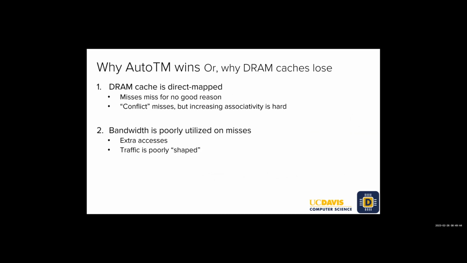In the DRAM cache, bandwidth is really poorly utilized on misses, as I was talking about before. Not only do you have a lot of extra accesses to the DRAM, but the traffic to the backing memory is also really poorly shaped. You end up with essentially random accesses to that backing memory because of what's being evicted. It's not truly random, but it's not well behaved.